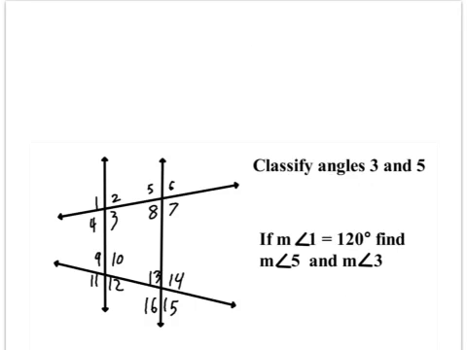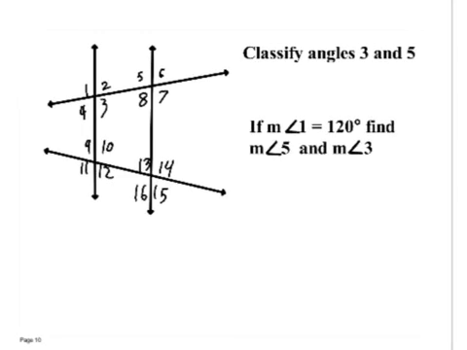You don't have to write this down. Let's just talk about it. It'll say classify angles 3 and 5. It'll pick a couple angles. Someone raise your hand. What could we call angle 3 and angle 5, of the terms that we've learned today? Adjacent, supplementary, complementary, alternate interior, alternate exterior.